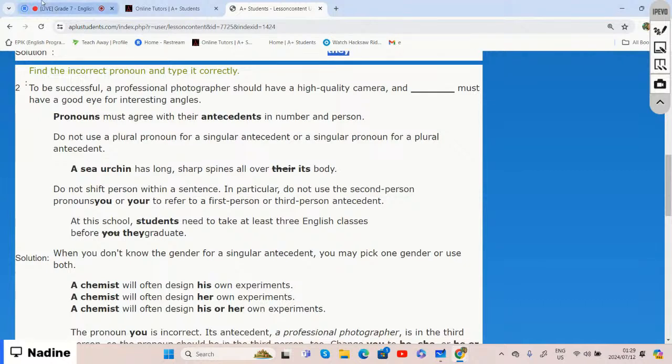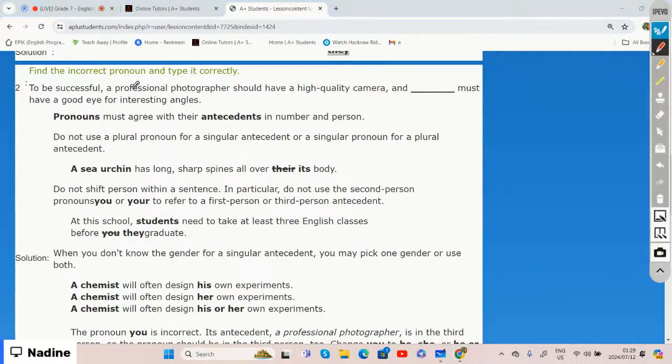It says to be successful. So to be successful, a professional photographer can be anyone. So to be successful, a professional photographer should have a high quality camera and must have a good eye for interesting angles.